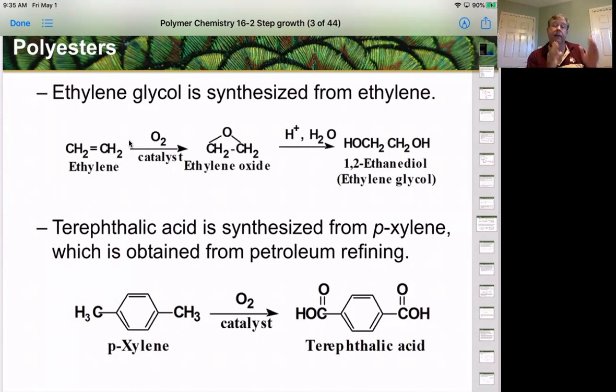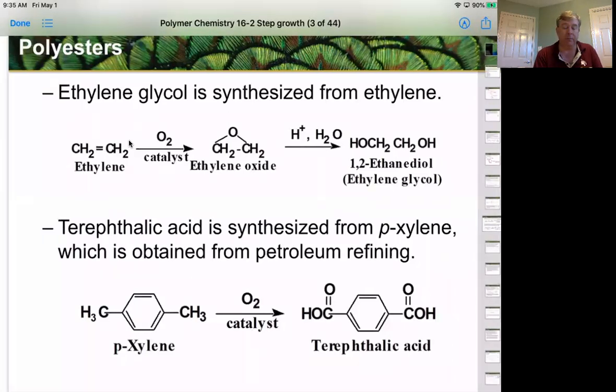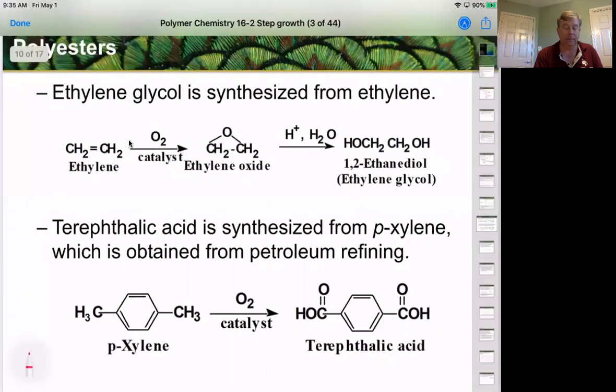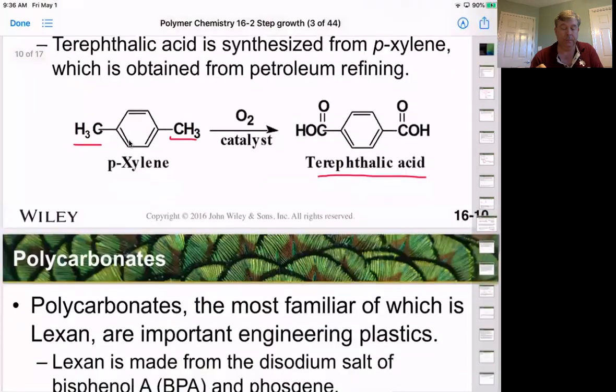We can also take the terephthalic acid that we used for the aramids. We make that industrially as well by taking a petrochemical derivative of benzene, which we call xylene. It has a methyl group on each side here, and we oxidize those down to carboxylic acids using a catalyst, and that's how we end up making the terephthalic acid for both the PET as well as the Kevlar.